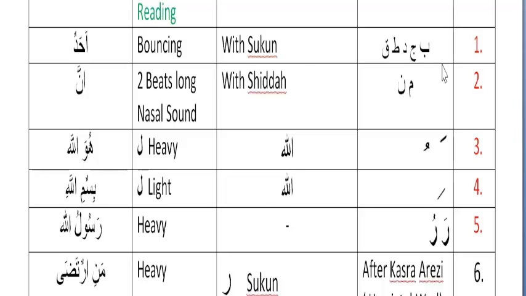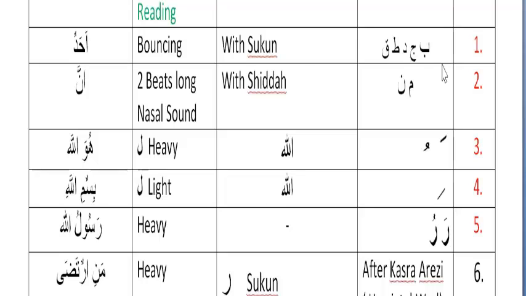Rule number 3, if the word Allah has a fatha and waw before it, it will be pronounced... No, not waw. Waw doesn't matter. It can be any letter. If there is a fatha or dhamma before it, then it will make the lam heavy. For example, Hu Allah.